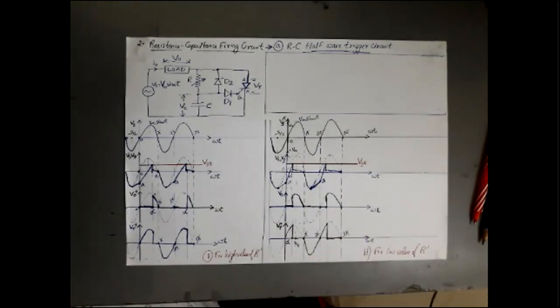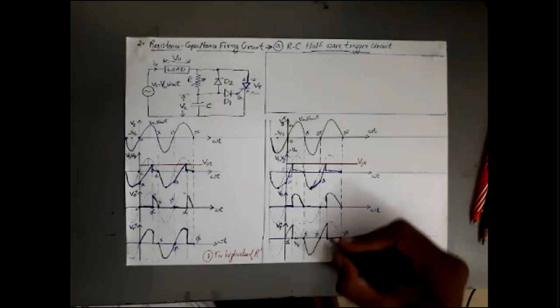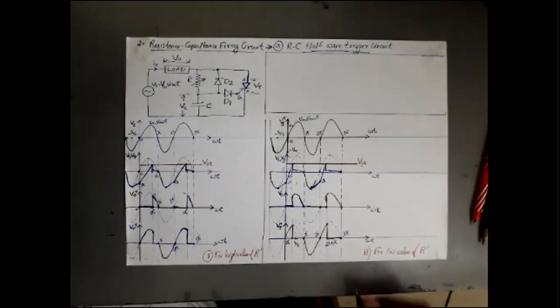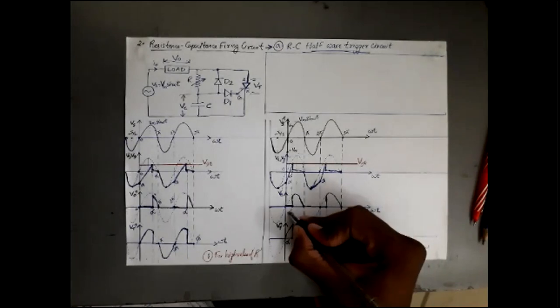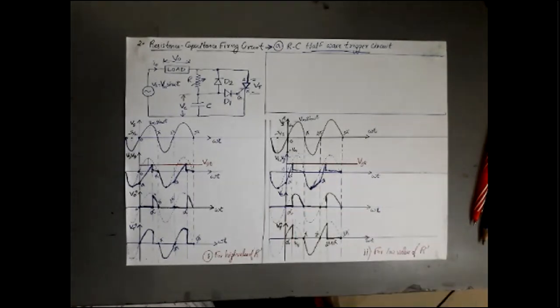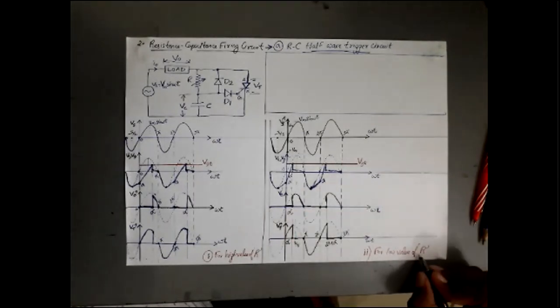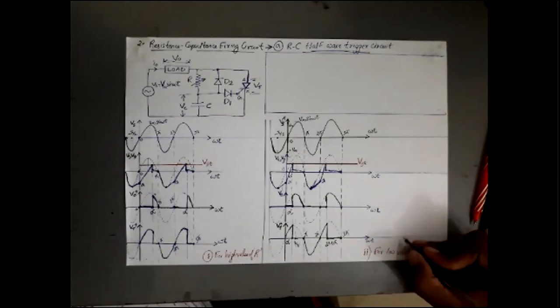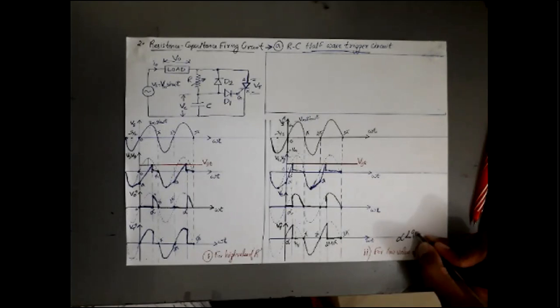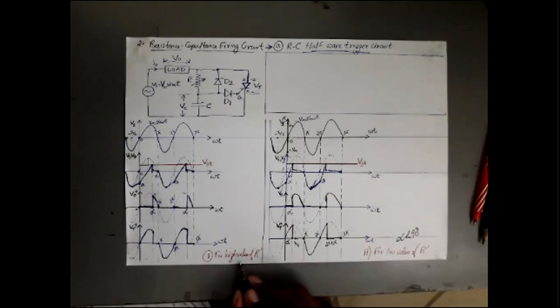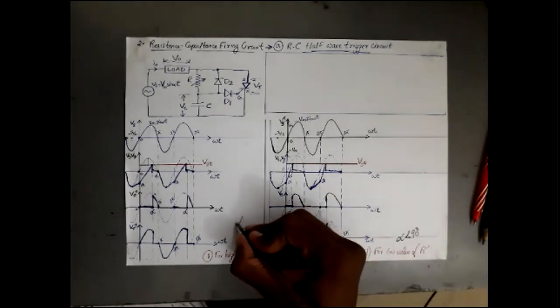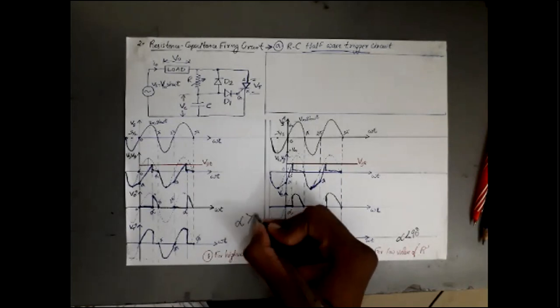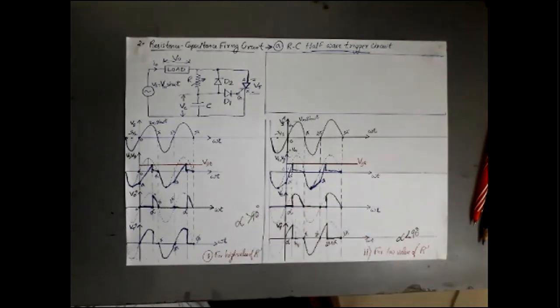Hope it is clear for you. Okay. This point is 2 pi plus alpha, as it is known to you, and it is the alpha value. And keep in mind, for low values of R, alpha will be less than 90 degree. For high values of R, alpha will be greater than 90 degree. Okay, hope it is clear for you.